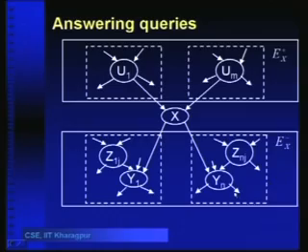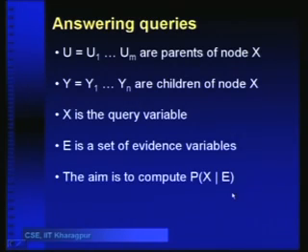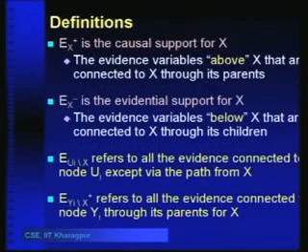Here is what I said just now. U1 through um are parents of node x, y1 through yn are children of x, x is the query variable, E is the set of evidence variables, and the aim is to compute p of x given E. Ex plus is called the causal support of x, the set of evidence variables above x that are connected to x through its parents.